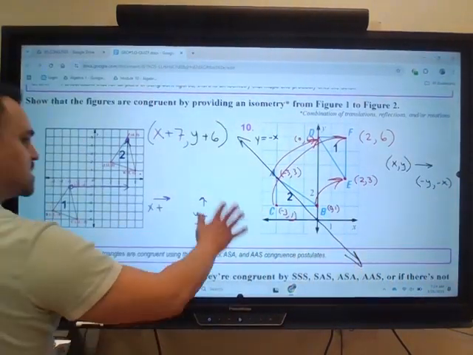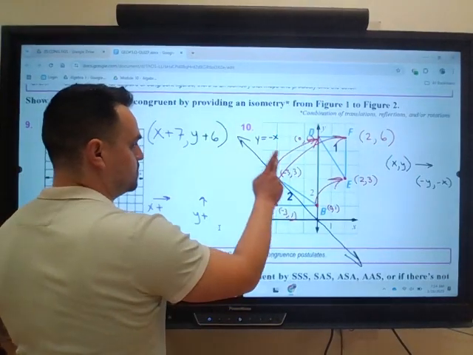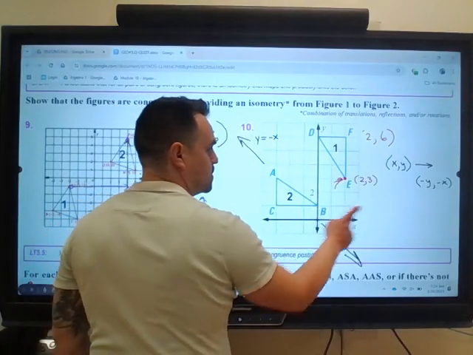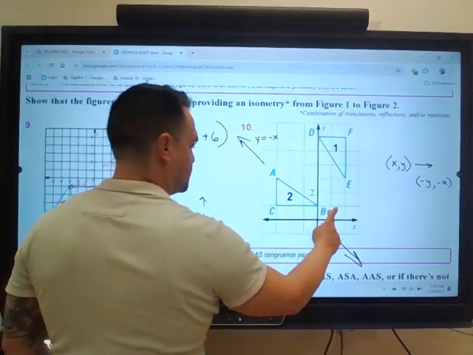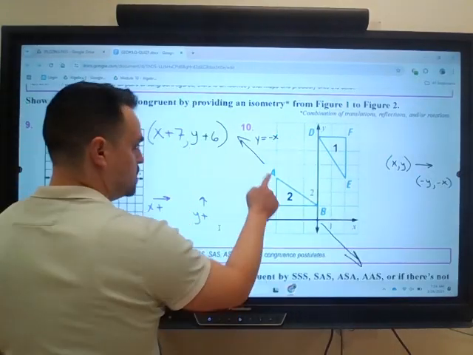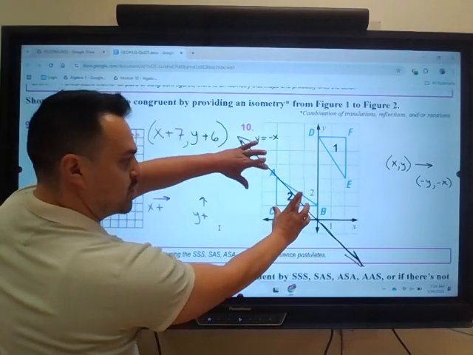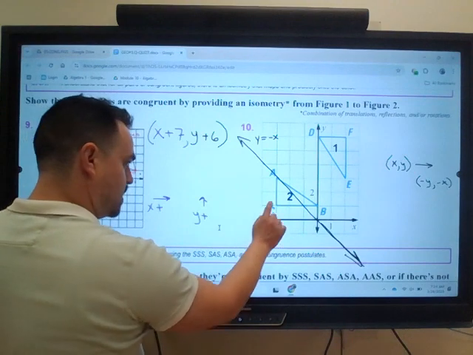So I'm going to erase some of the clutter here to try to visualize it for you to the best of my ability. Forgive my lack of drawing skills, but I hope this helps. So this is the line that we're reflecting this over. So when you reflect this, it's going to look sort of like, do it in red here.